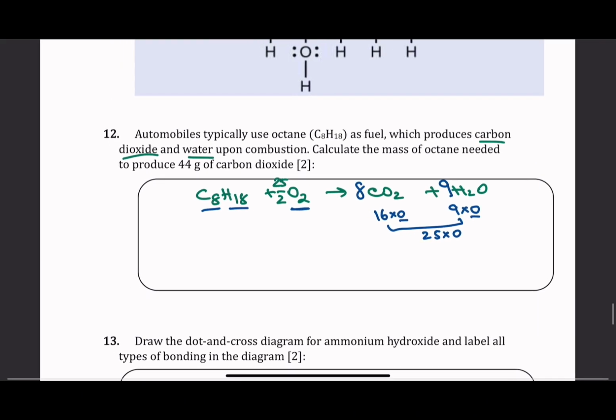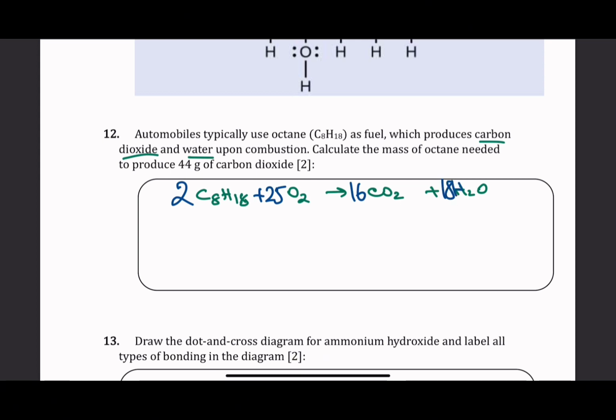But we know that we can't have a fraction, so in order to get rid of it, I will multiply everything by 2. Everything by 2 means I'm going to do 2 here, and this one will become 25, this will become 16, and the other one in here is going to become 18.